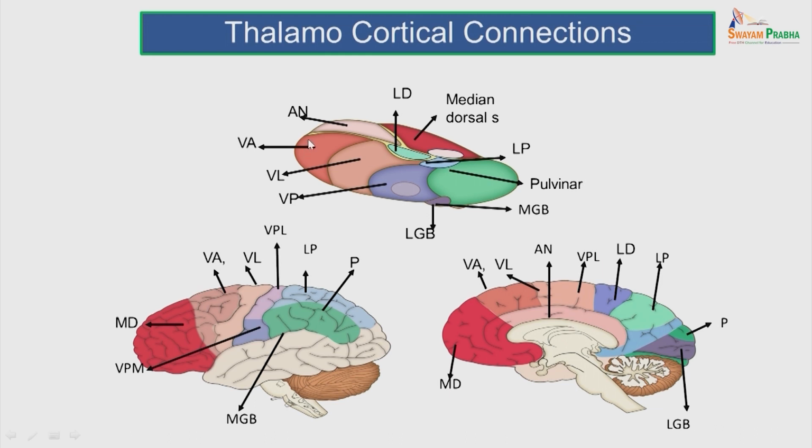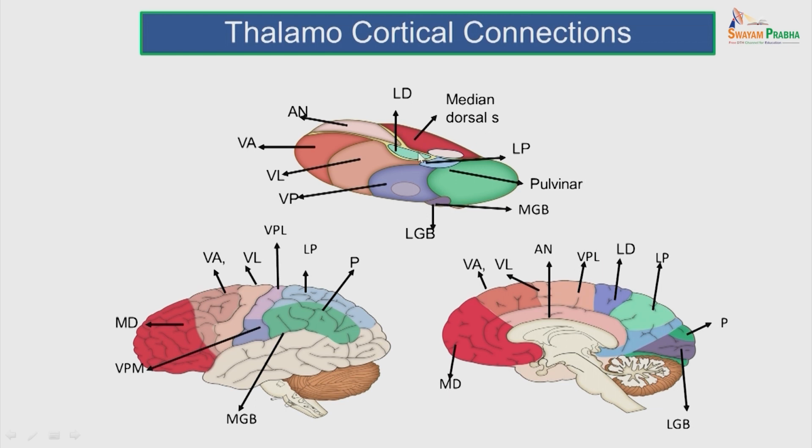Then we have the ventral anterior and ventral lateral, which relay in the associated motor areas, area number 6 and 8.